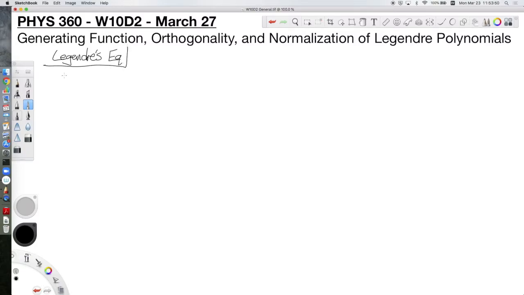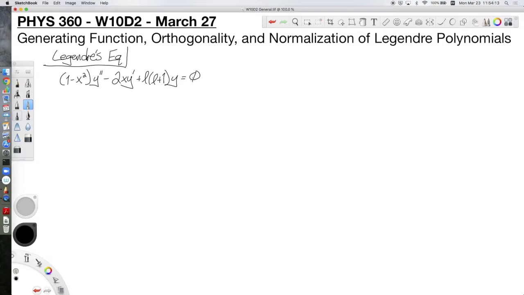Legendre's equation was 1 minus x squared quantity times y double prime minus 2xy prime plus L times L plus 1, y equals 0.